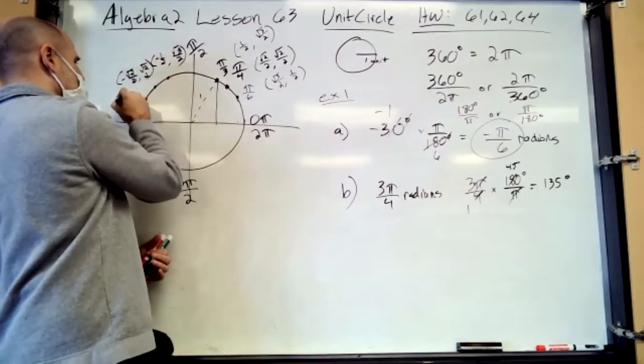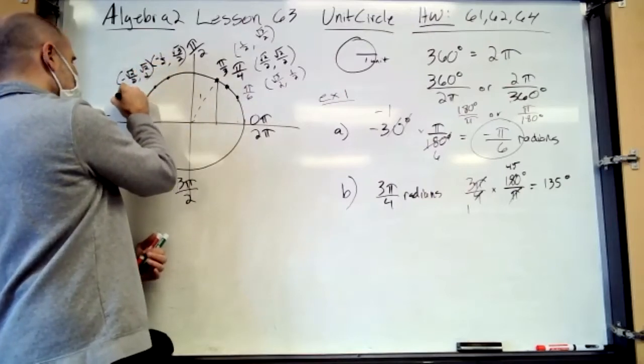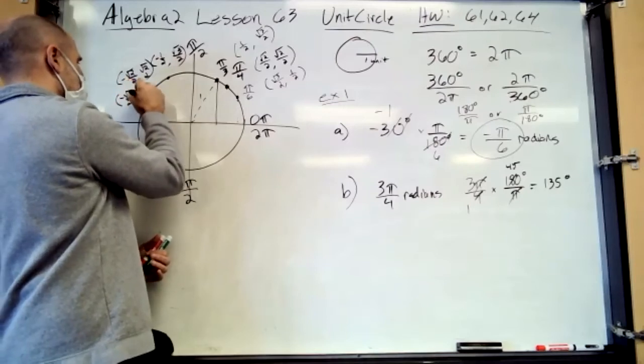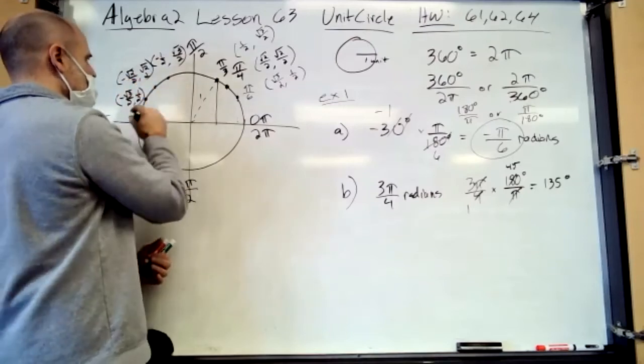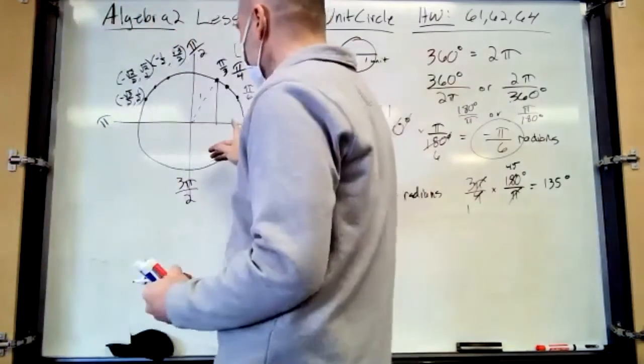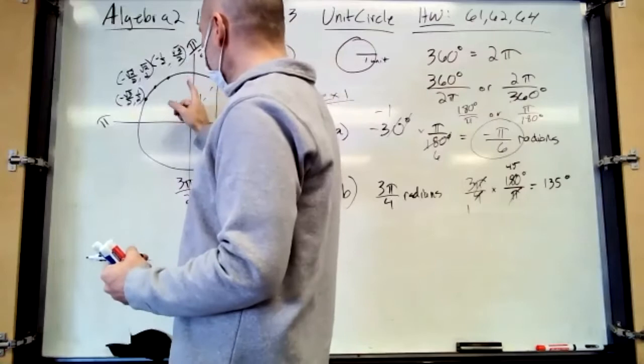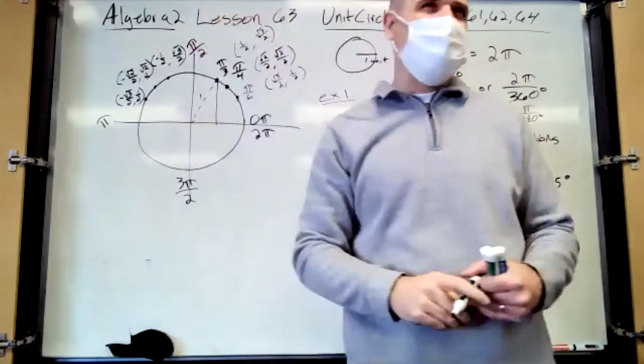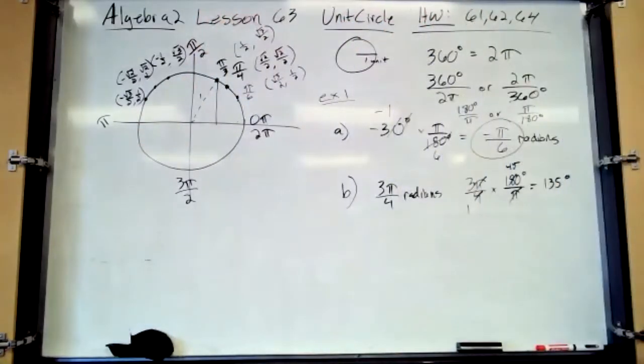And then this one is left radical 3 over 2 and up 1/2. Okay, so what are the radians here? That would be 90 plus another 30, so 120. So what's 120 over 180? What's 12 over 18 reduced to? What goes into both 12 and 18?